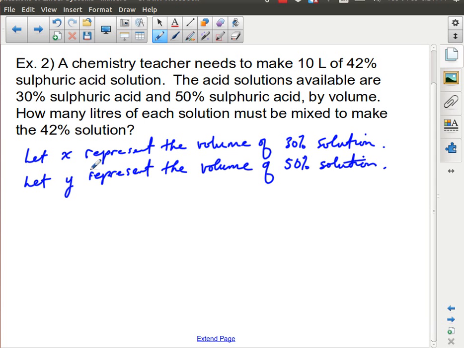I mix those two volumes together, X plus Y, and I'm trying to produce 10 liters. So that's my first equation.